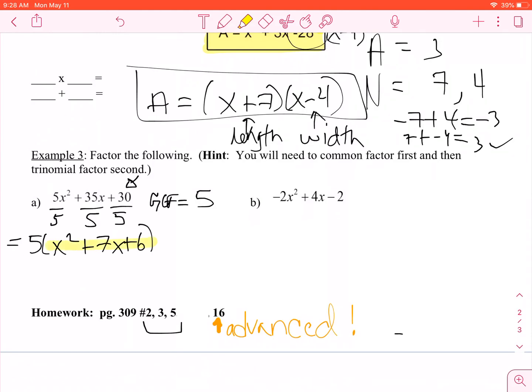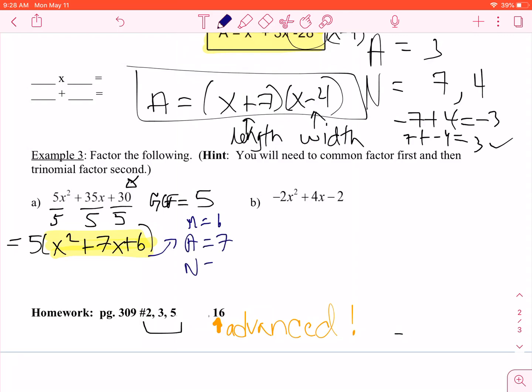Now, with what I highlighted, something you might notice is in that trinomial, that might be something that you can in fact factor. So this goes back to this whole lesson on 7.4, working through our MAN acronym, keeping that GCF just at the very front. Once we pull that out, we are still able to factor. So it's what multiplies to our last value, which is 6, and adds to a sum of 7.